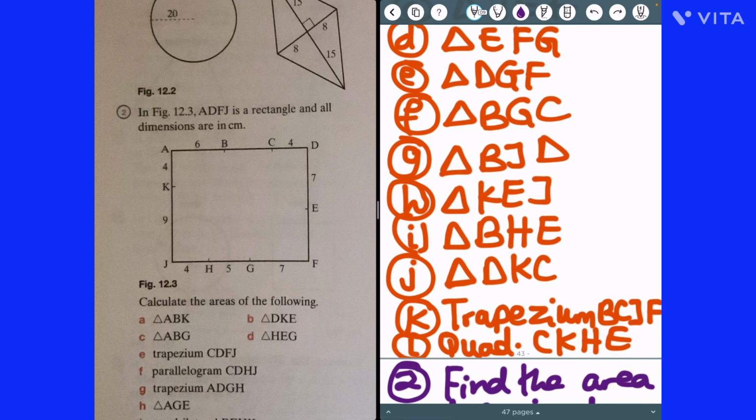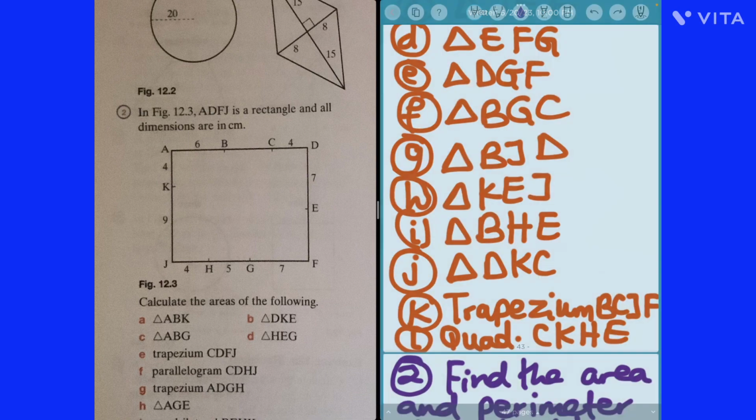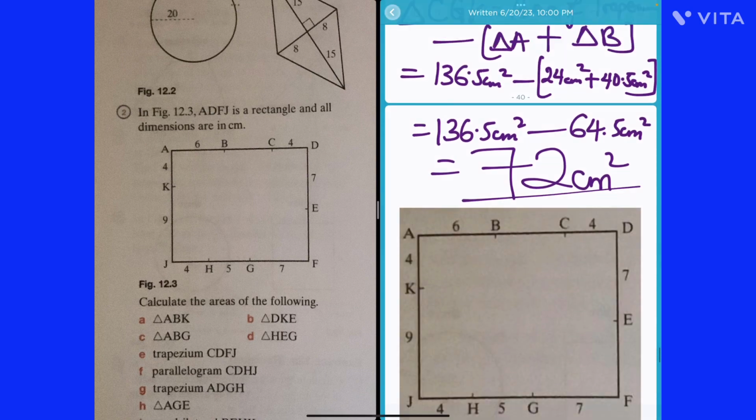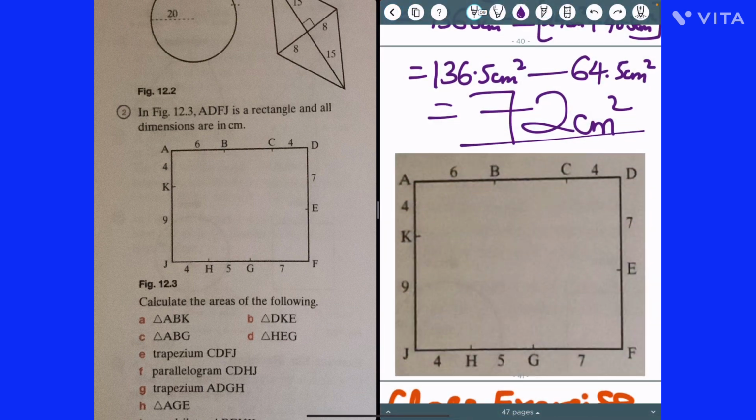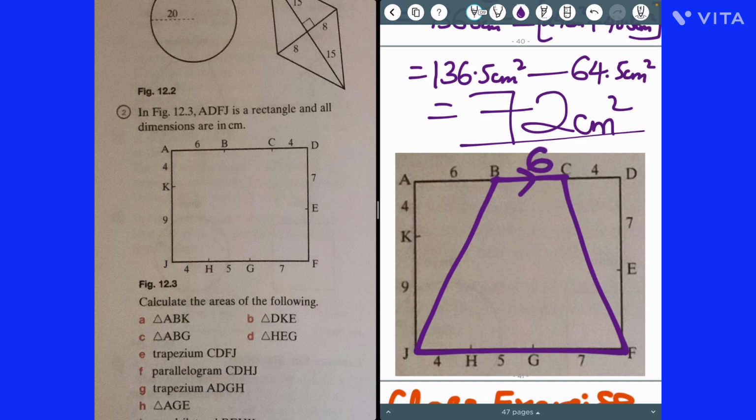Area of trapezium BCJF. Let me quickly hint you on that too. BCJF is here. JF. So this is 6. I've shown you that many times. This whole length is 16.